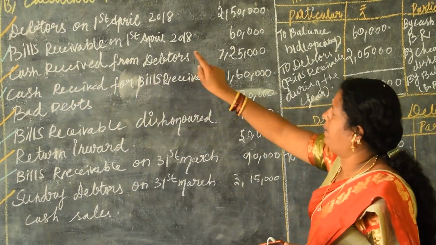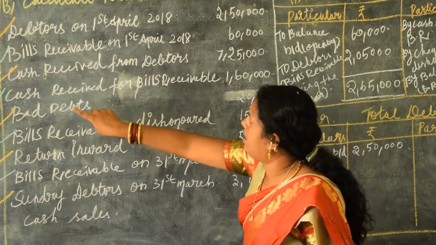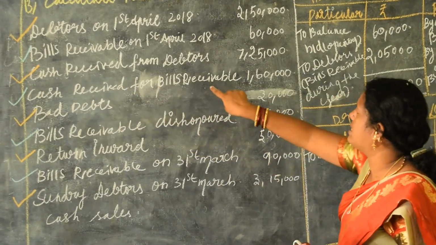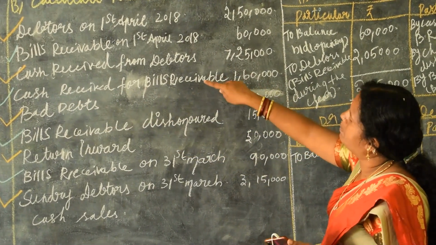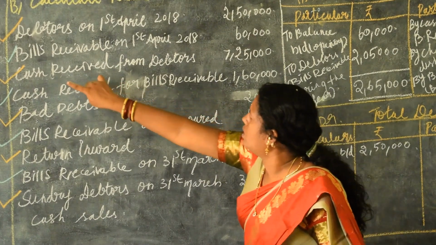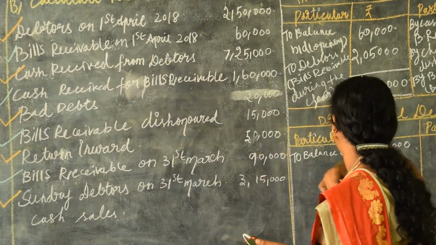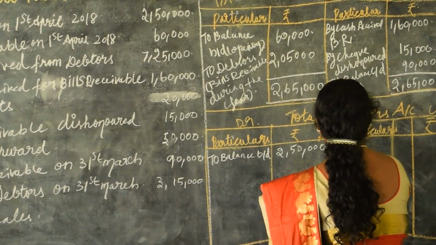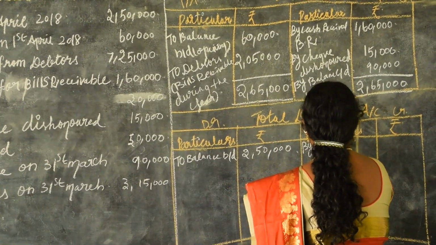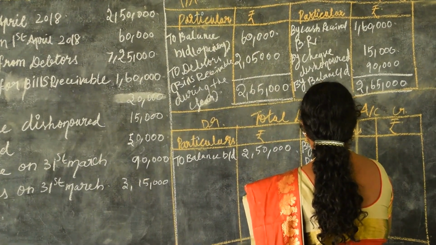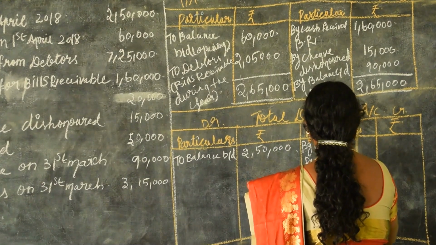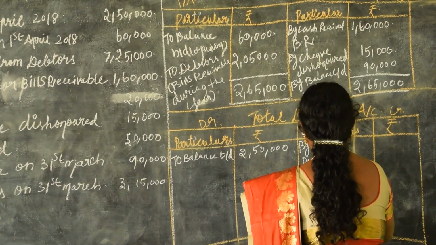Cash received from the debitors. The second line itself says cash received for bills receivable. You should not change this concept. So, you should concentrate only on the debitors, that is, by cash received from debitors.